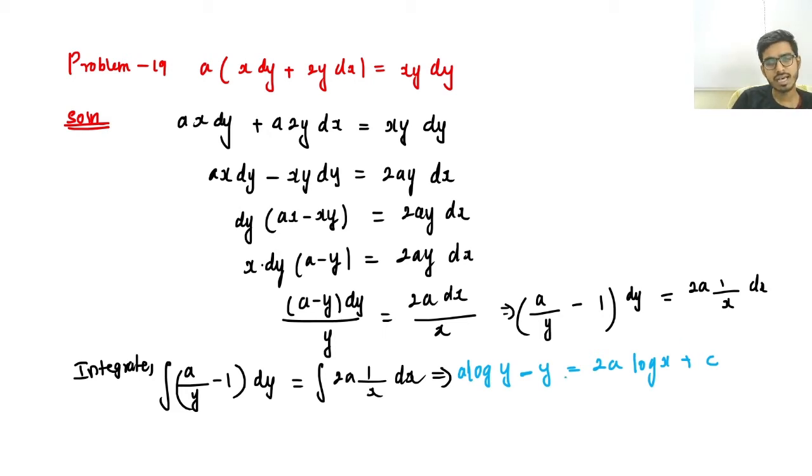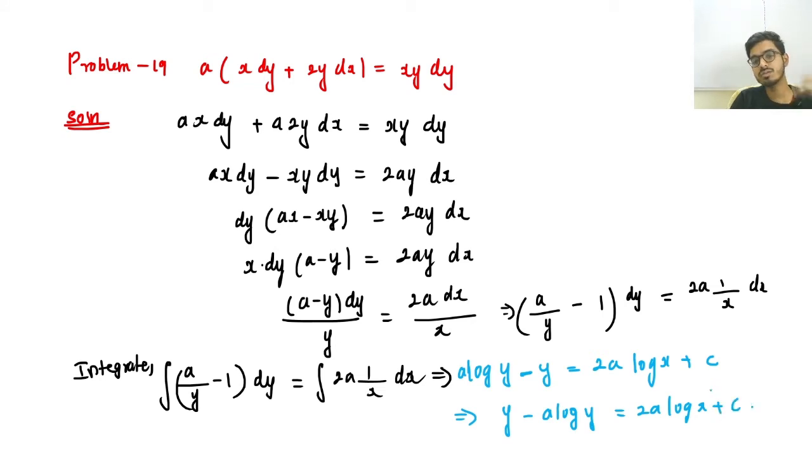Or you can also write this as, if you want, you can also take this to this side. So we will have 2a, right? I'll just check the question once again. Yes, correct. If you want, you can also simplify this to some more extent, like y minus a log y is equal to 2a log x plus c, right?